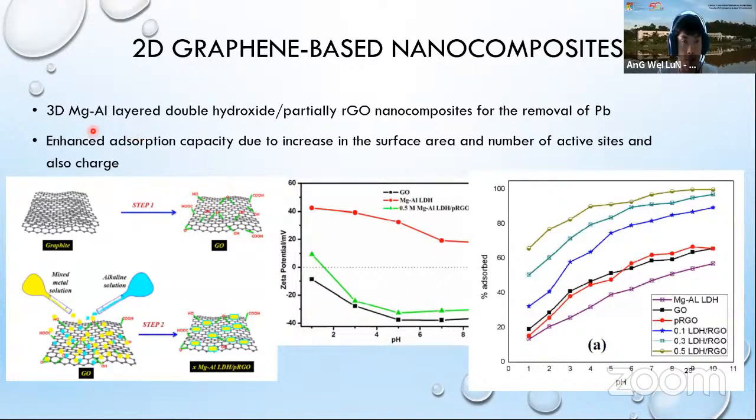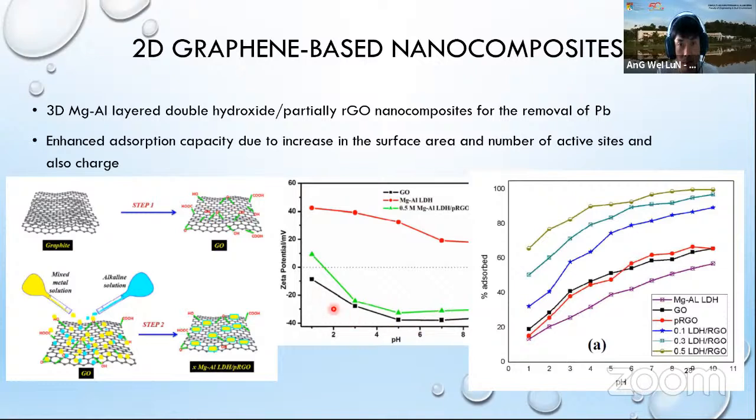For instance, in this example, they are decorating the surface with magnesium aluminum layered double hydroxide. So they're decorated on the partially reduced graphene oxide, and they form a composite. And then when they check the zeta potential, which is the charge of the adsorbent, you notice that originally your graphene oxide is negatively charged.